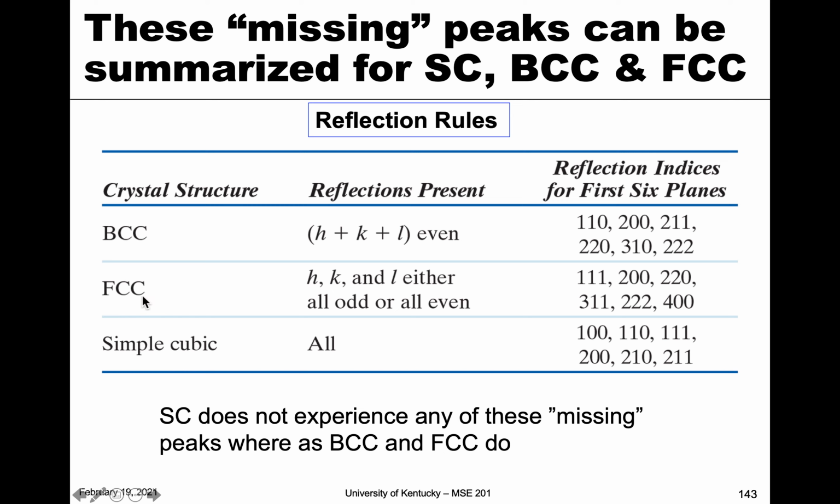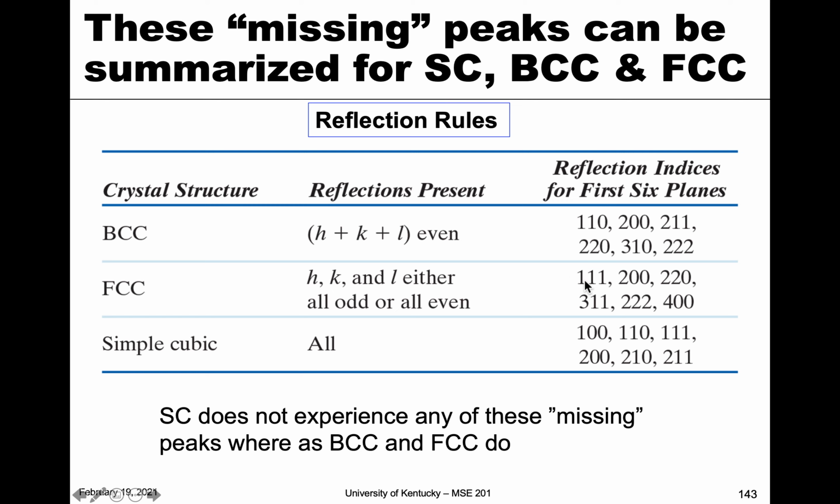But when we have FCC, and we have those face-centering atoms on the face of each cube, now what happens is that you only have reflections if the Miller index values of the plane, H, K, and L, are either all odd or all even. And so if that sounds a little confusing, let's look at some examples over here.